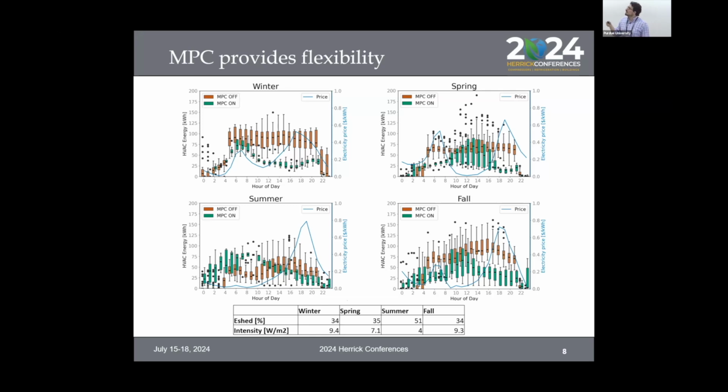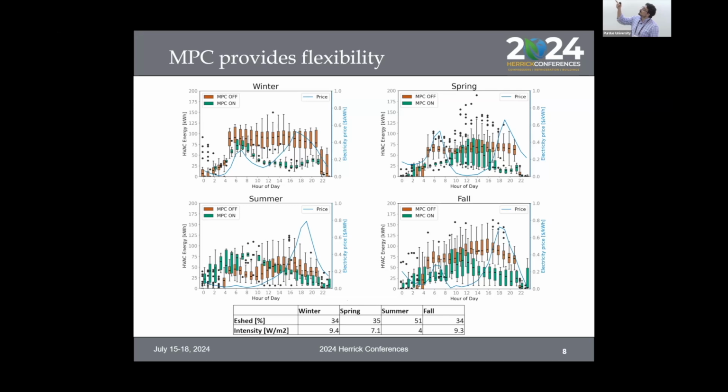In general, for example, in winter, you can see that the MPC does a little bit of preheating, and it tries to avoid the main peak, which is in the afternoon. In the summer, instead, it does a lot of pre-cooling at night. In Berkeley, the temperature outside is quite mild, so there is a lot of free cooling overnight to avoid the price peak.